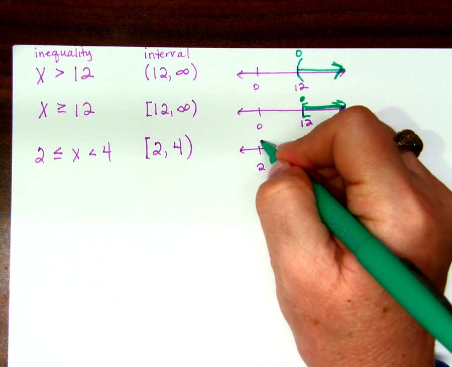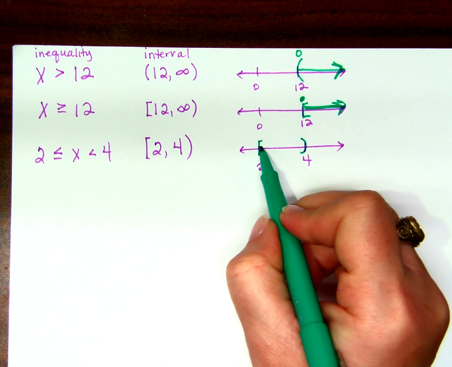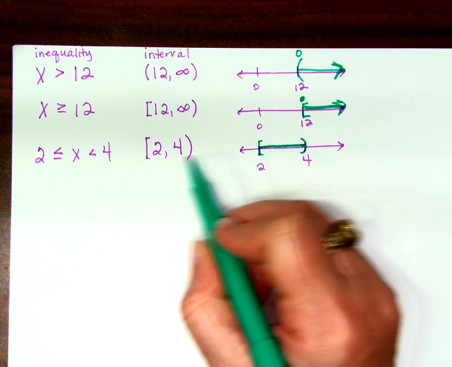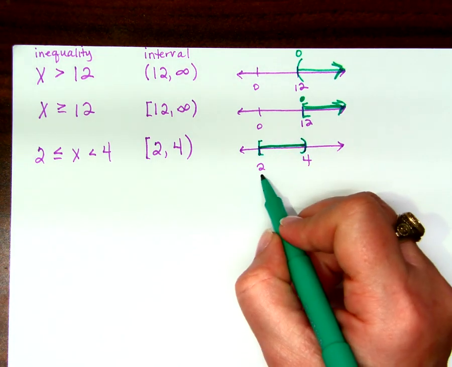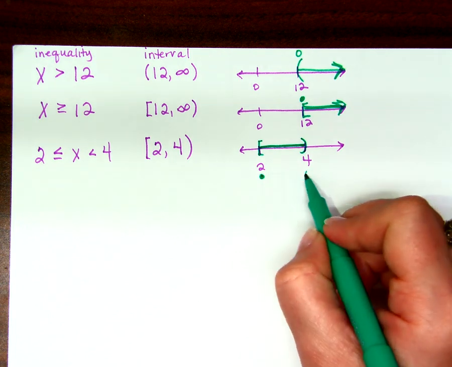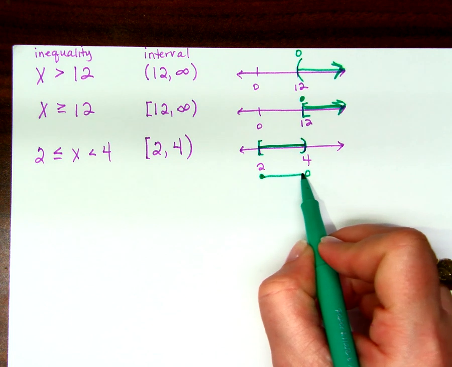So again, bracket on the 2, parenthesis on the 4, and this time it's between because it's greater than 2 and less than 4. We could put a closed circle on 2 and an open circle on 4 as well, couldn't we? And then it would just be a line in between the two.